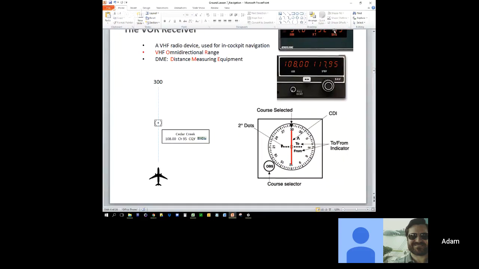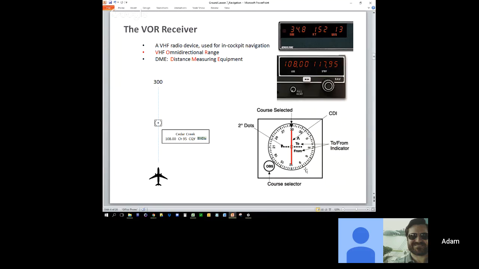Let me minimize some stuff here. I designed some of these slides so I could move things around. We're going to put our imaginary airplane right down here on, call it, a dead 300 heading for the Cedar Creek VOR. It's 300 because I've got it indicated up here: the heading that I'll be flying is 300.